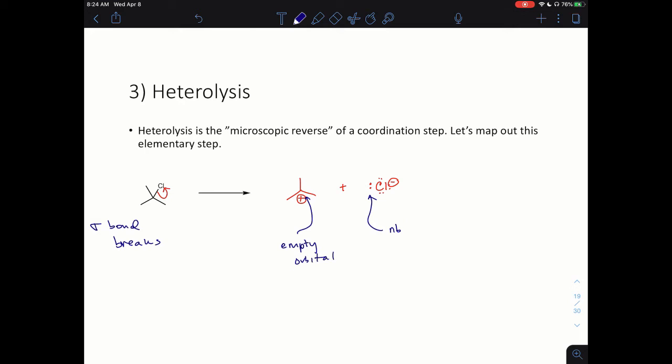You might ask, why does this happen? Well, it does. As you know from learning about IR spectroscopy, all bonds are vibrating, and this bond can vibrate so much, and it usually requires some heat. So you have heat, and the bond vibrates or stretches until it breaks.